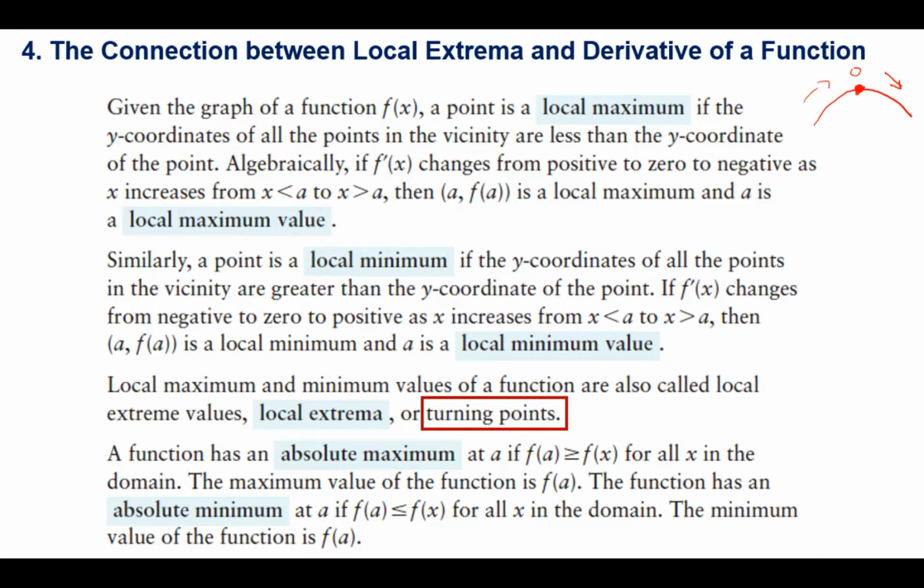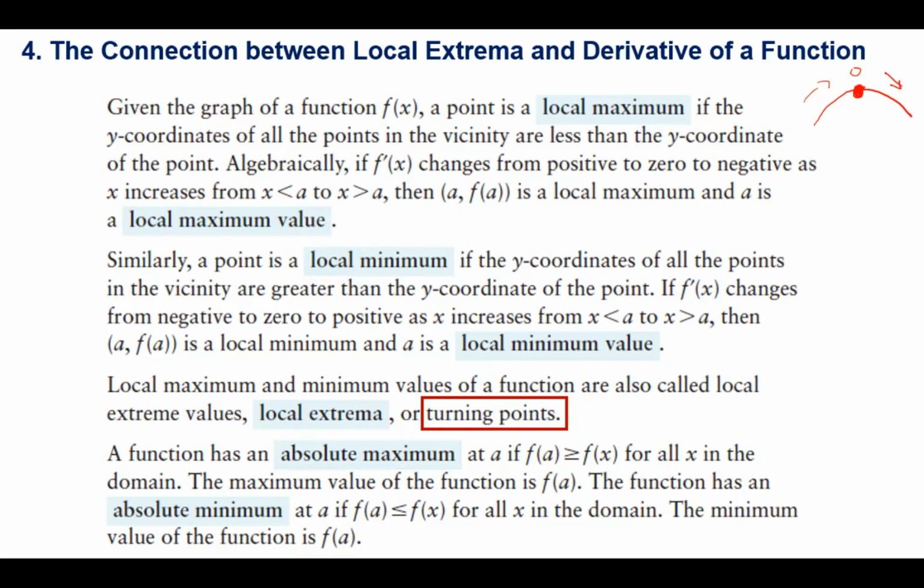So algebraically, if the derivative of f(x) changes from positive to 0, then to negative, as x increases from x smaller than a to x greater than a, then we know the point here, which is (a, f(a)), is a local maximum. And f(a) is called the local maximum value.